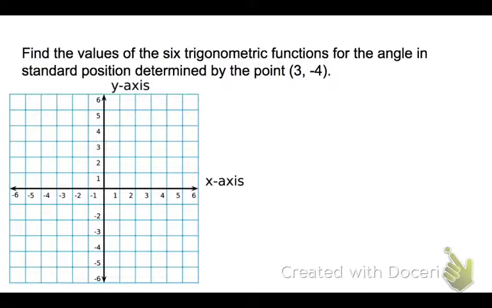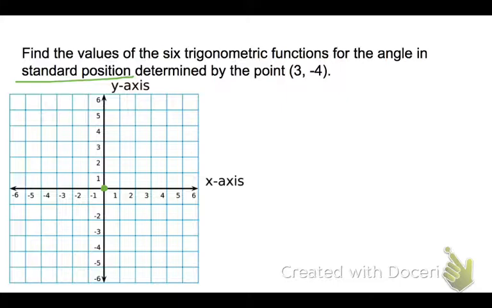You may be asked to find the values of the 6 trigonometric functions of an angle in standard position. Standard position means I start at the vertex. One of my vertices is going to be at the origin, 0, 0.